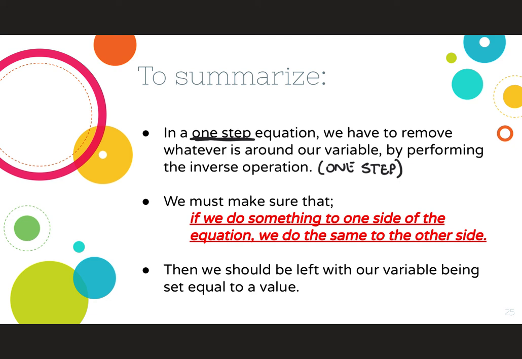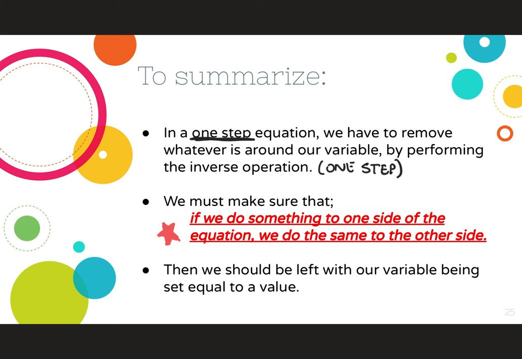We must make sure that if we do something to one side of the equation, we do the same to the other side. It's like a holy rule of mathematics. So this is crucial. I know we've talked about it for a long time, so please write it in your notes. Being a little kid right with the star. I'm trying to give you some time to write it down in your notes, but there we go.